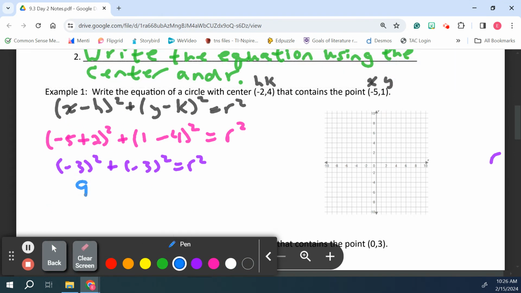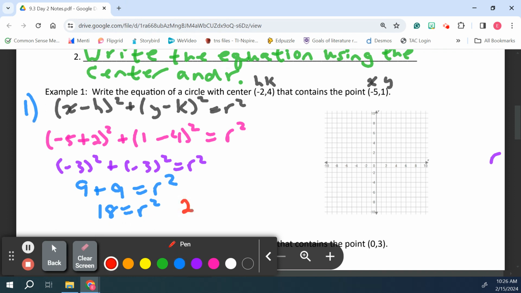So this will be 9 plus 9 equals r squared. So that would be 18. So that's our step one.